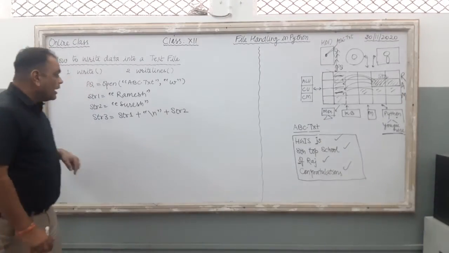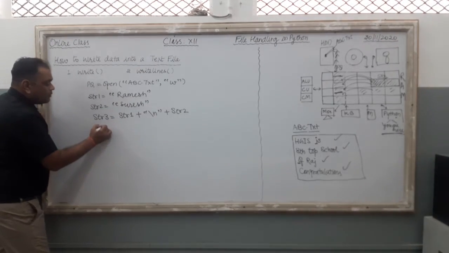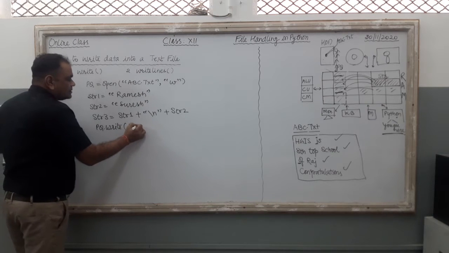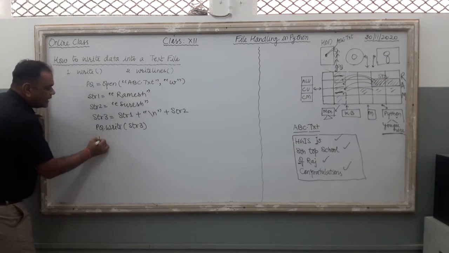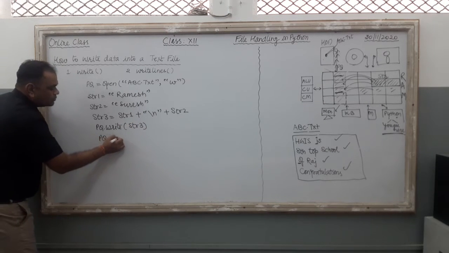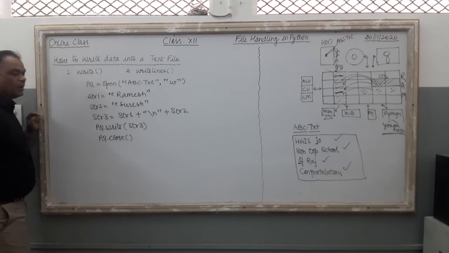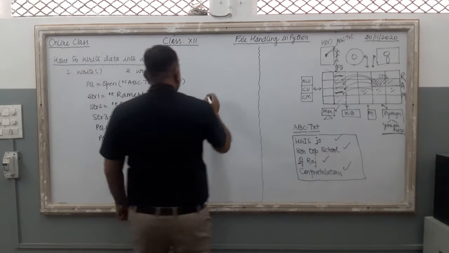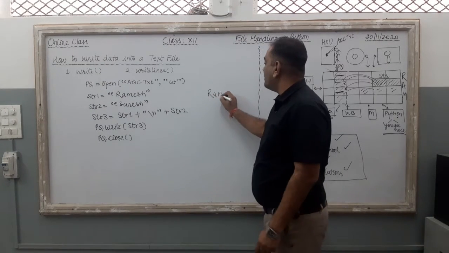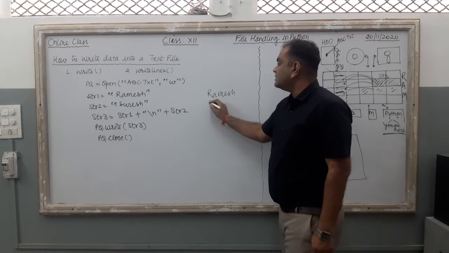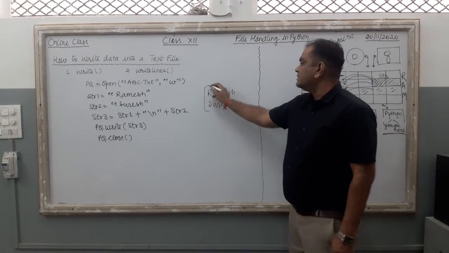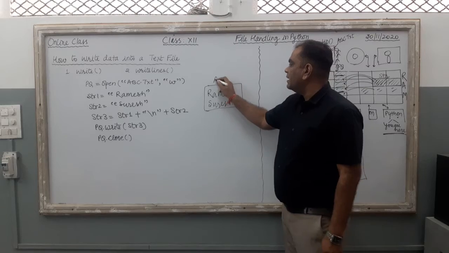Now if I use the command pq.write str3 and then pq.close, you should write in small letter only, right? Then my file looks like this. At the very first line of my file Ramesh is there, at the second line Suresh is there in the file. Just see, this is the abc.txt file.